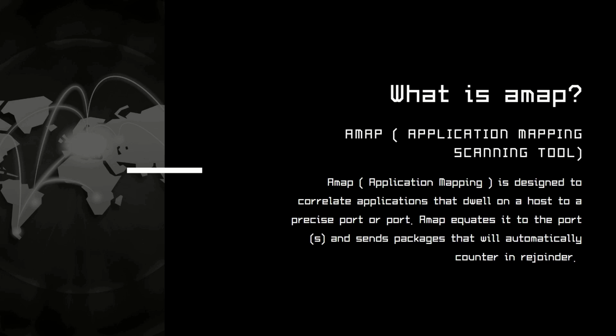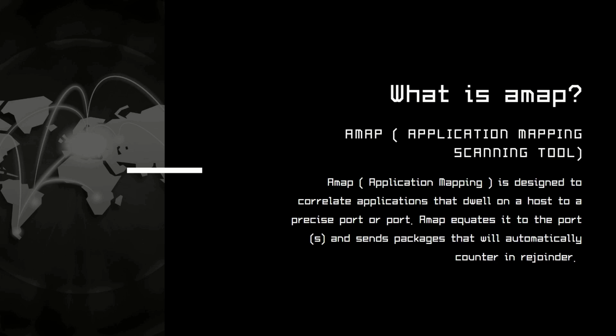Many network daemons respond only when a connection is attempted using a relevant handshake, that is SSL. Amap also then compares this response against its built-in library and reports. That's all about Amap.